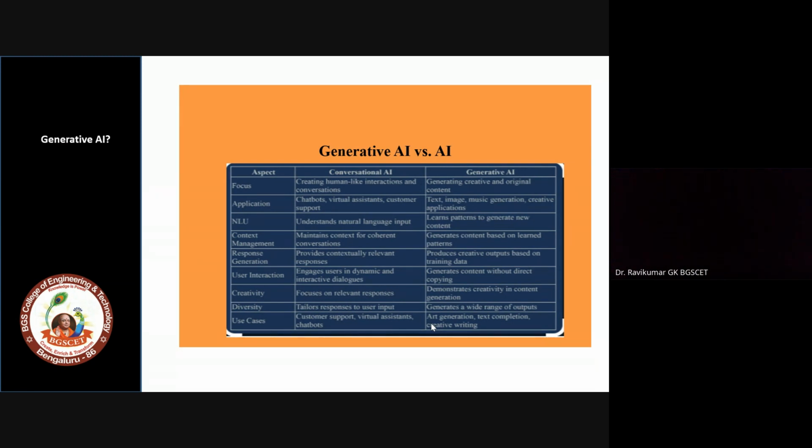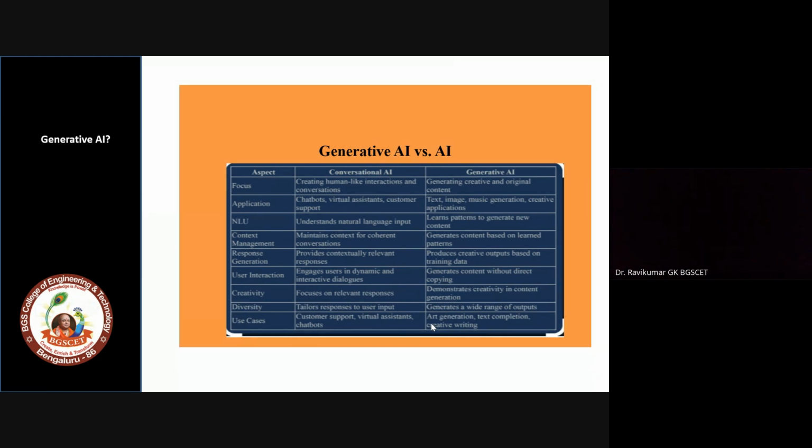Content management: conventional AI maintains the content for coherent conversations, while generative AI creates content based on learned patterns. Response: conventional AI gives relevant responses, whereas generative AI responds based on the training data.